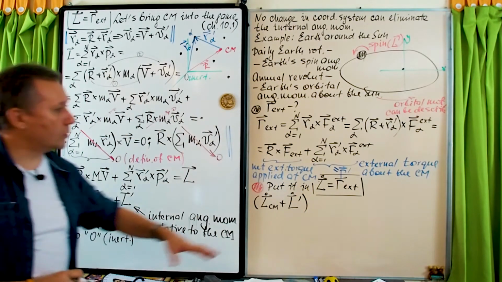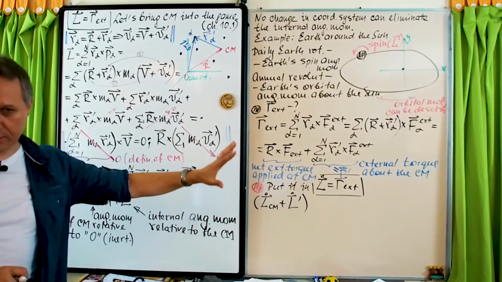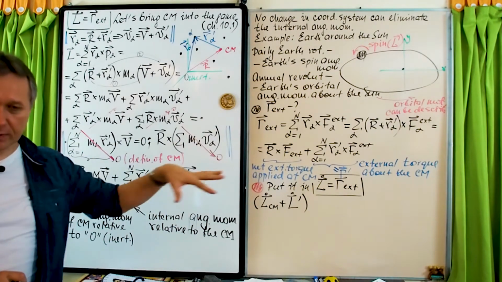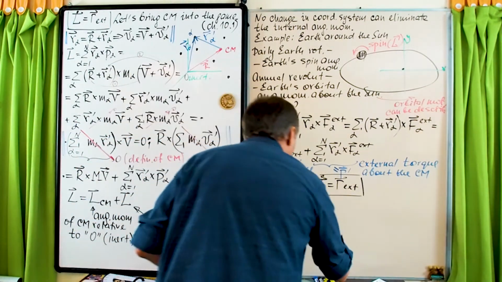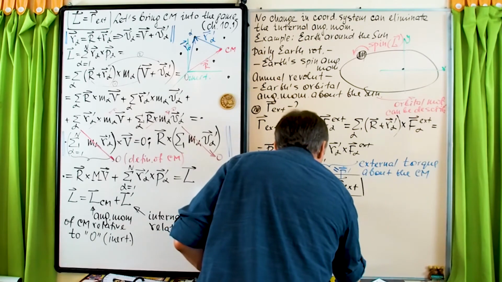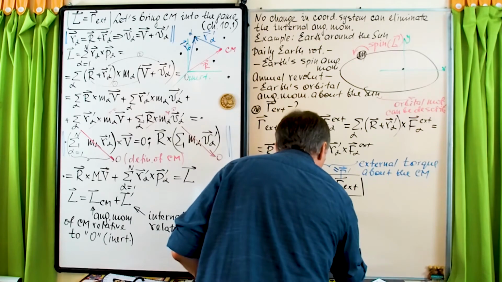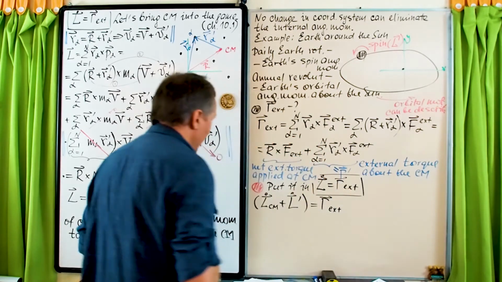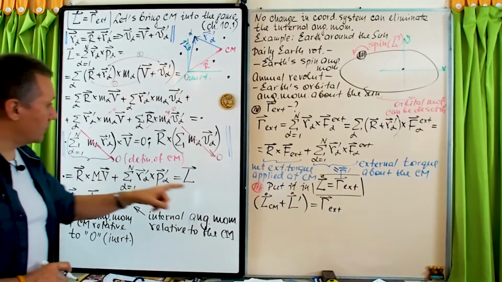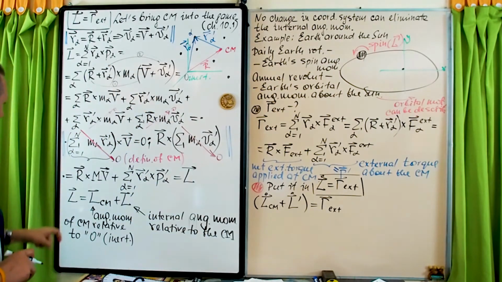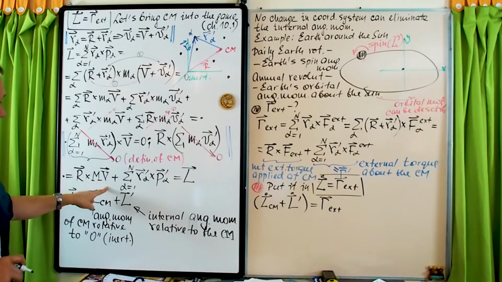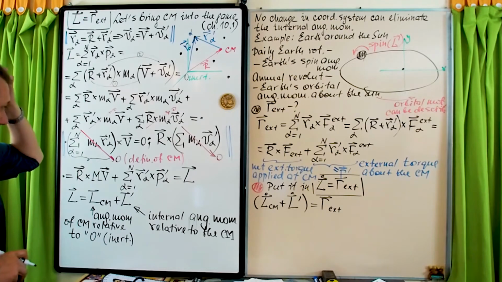And the torque I will just keep for a couple of lines as it is. I'm not going to expand it. I will expand it in a few lines. So external, subscript, not superscript. Right. Okay, all right. L CM, it's our R M V, right? Basically R times P capital.